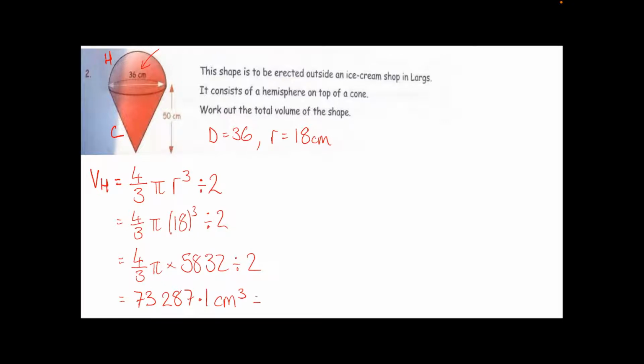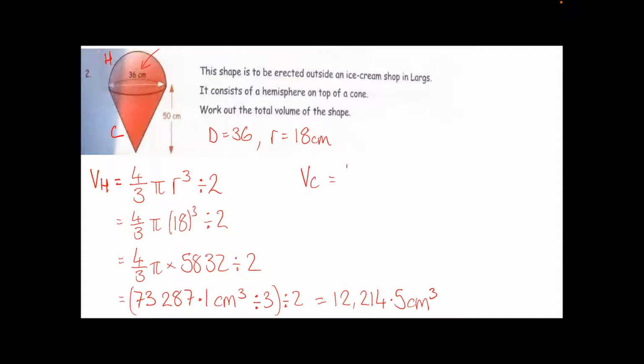But we still have to divide it by 3 and then divide it by 2 after that. So I've not hit clear in my calculator. I'm keeping the 73,000 answer and then dividing by 3, hit equals, divide by 2, hit equals. And that is going to give us 12,214.5 centimetres cubed.